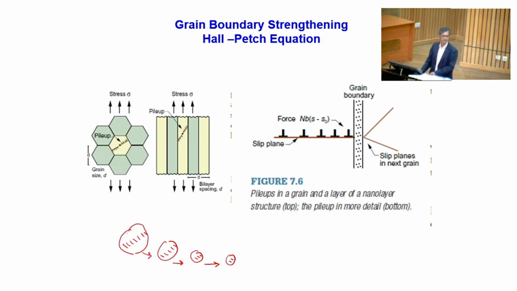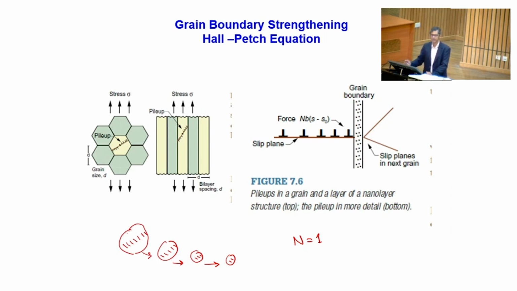So if n is lower, then lower is the magnifying effect. If you have more pileup, more is the back stress. Lower is the pileup, lower is the back stress, right? Therefore, the applied stress required to cross the obstacle will also be less, and there comes a point that n, which I derived in the last class, becomes 1. So no pileup is possible, right?